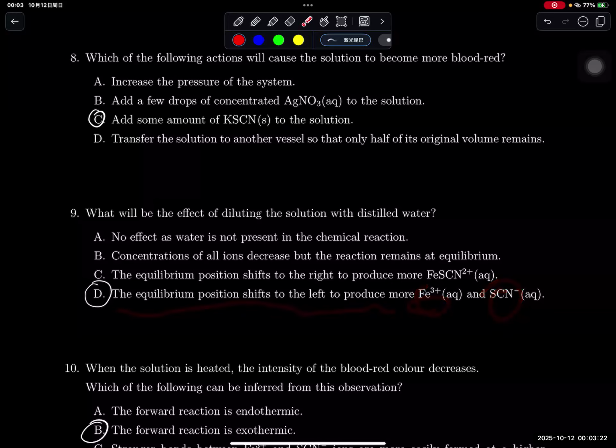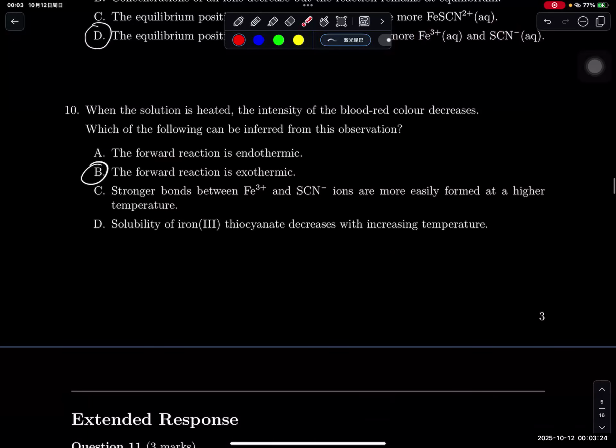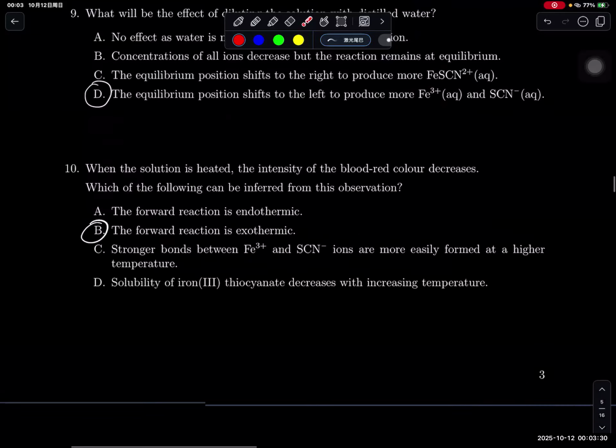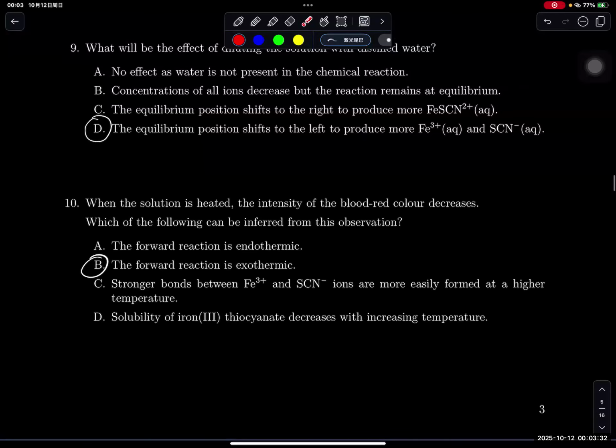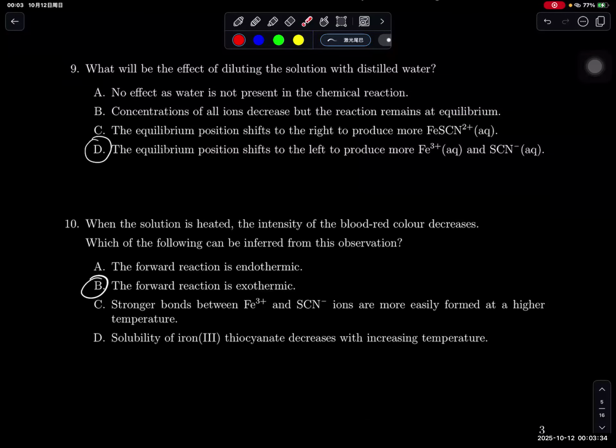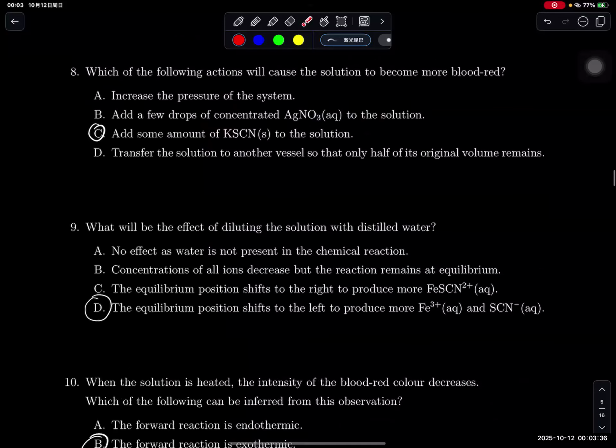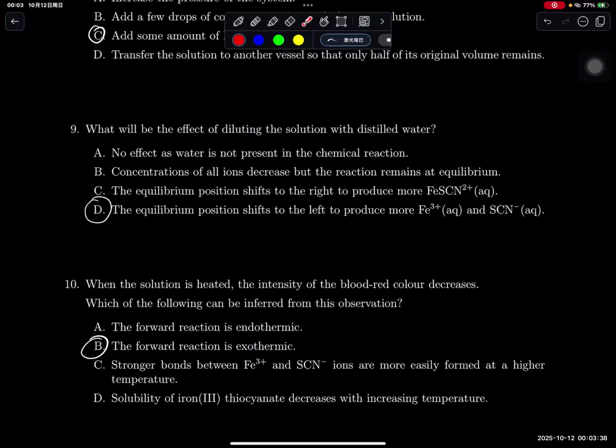Okay, good. Question 10, when the solution is heated, the intensity of the blood red color will decrease. Which of the following can be inferred about this observation? So the forward reaction is exothermic, right? If you heat the solution, you get less blood red.